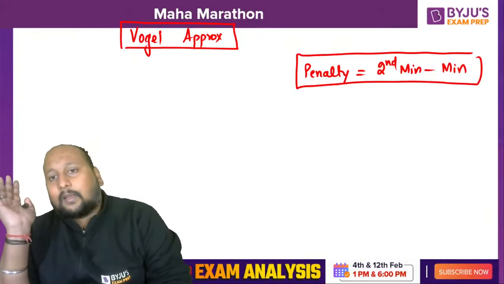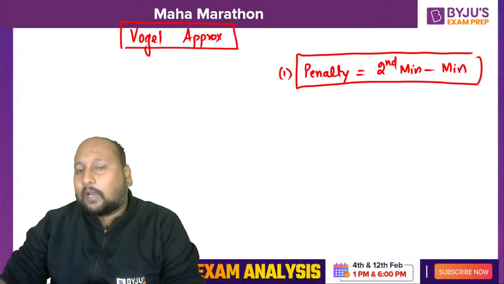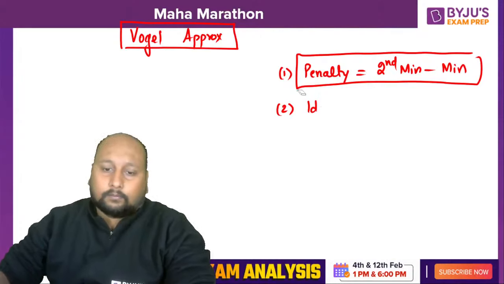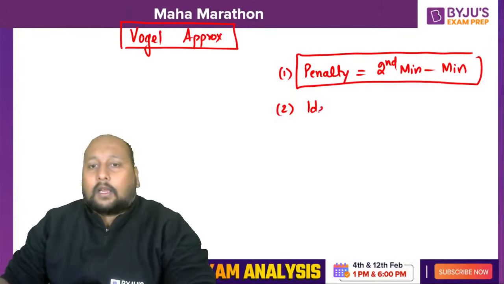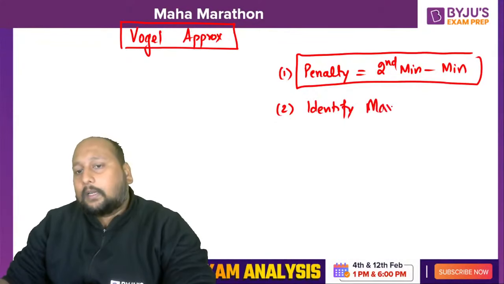Once we have calculated the penalties, we try to identify. There are simple steps. First step is to calculate the penalty. Second step is to identify the maximum value penalty.